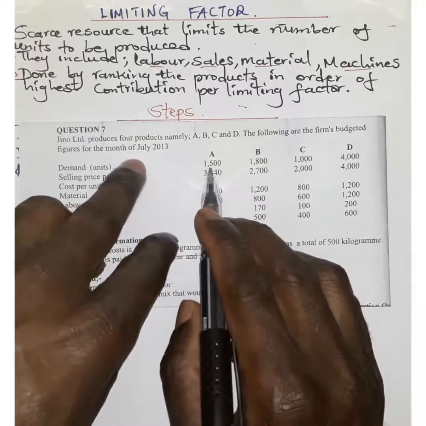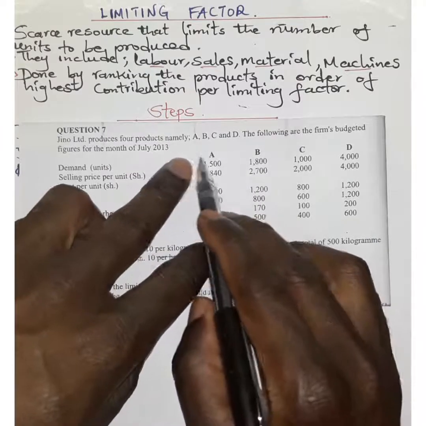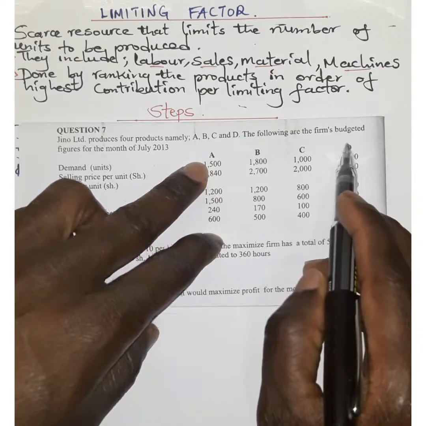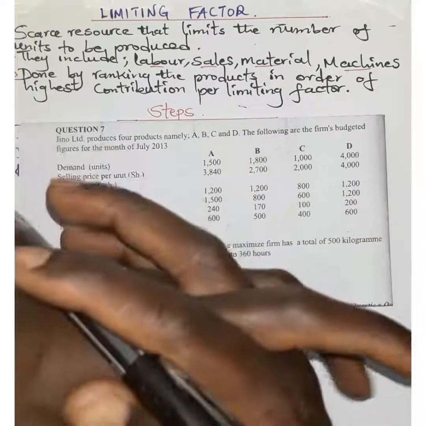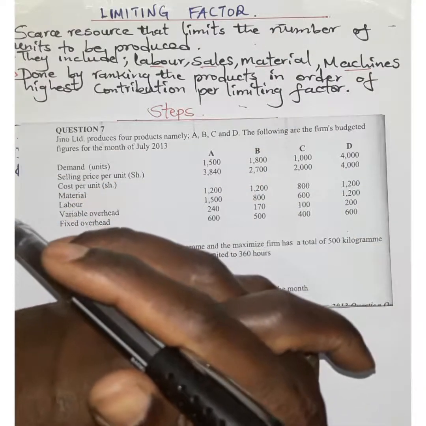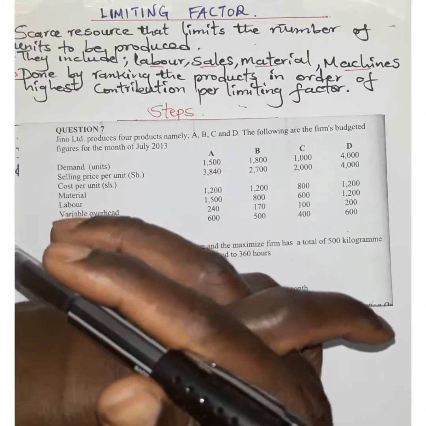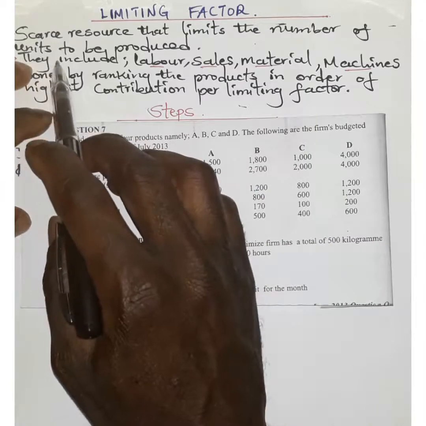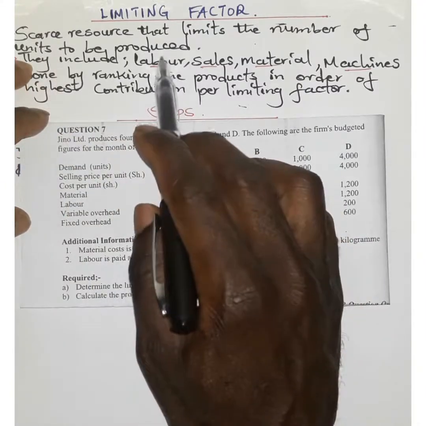In this particular example, we are given products A, B, C, and D. These products are facing some constraints, that element of insufficient resources, and these limiting factors could be things to do with labor.